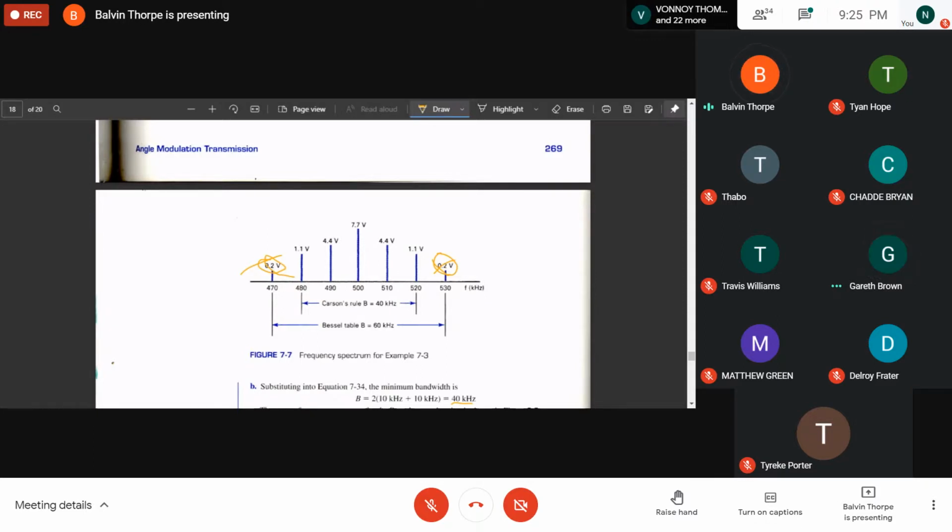There's no approximation. It's utilizing everything. But as I said, because frequency is of such a premium, I guess Carson's rule would give you a more economical approach. More economical initially, at least.